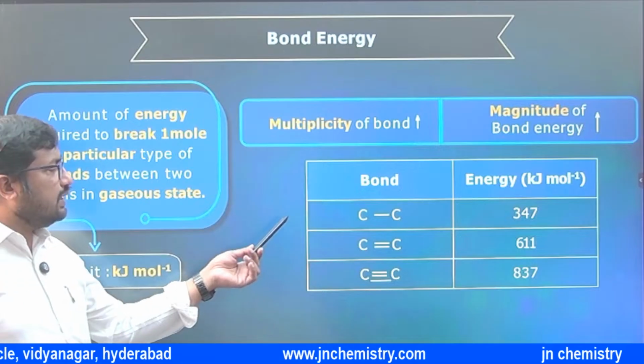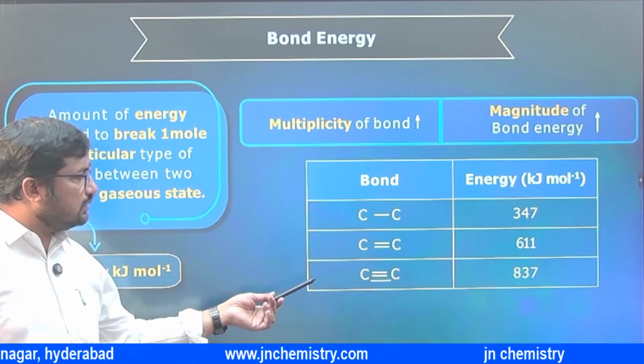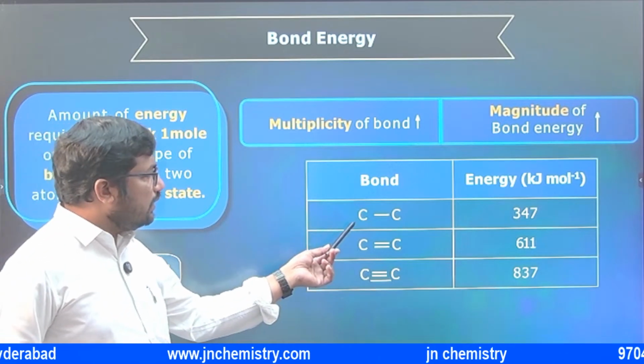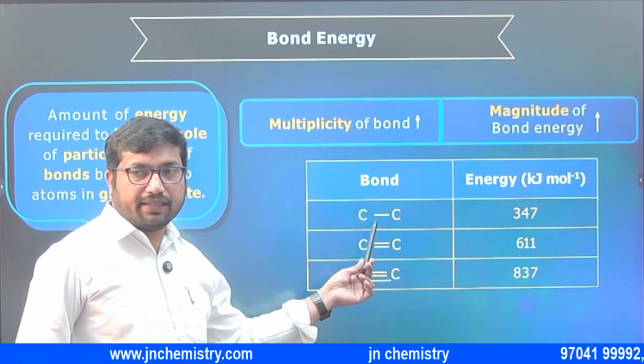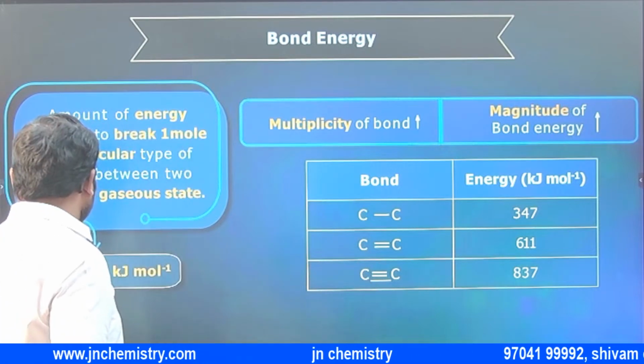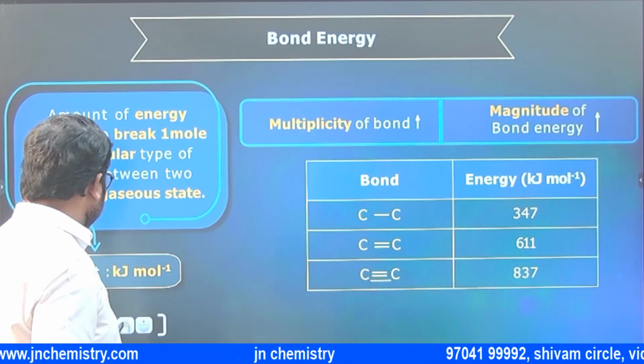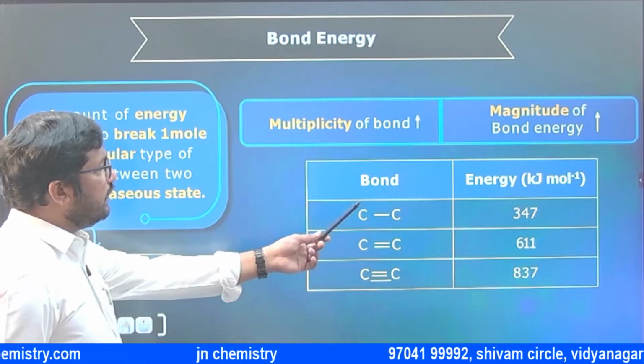That already we know, C-C single bond, C=C double bond and C≡C triple bond, right? We can easily break the C-C single bond more easily than the double bond. Bond energy. What is bond length?